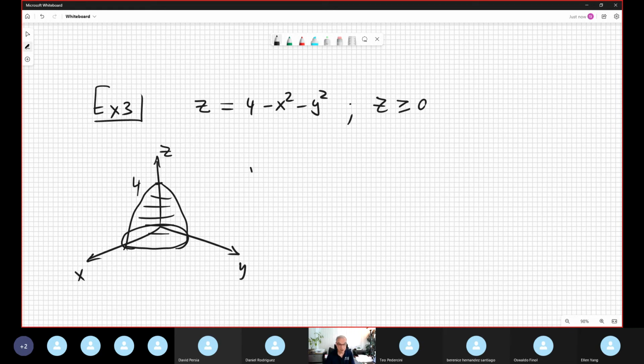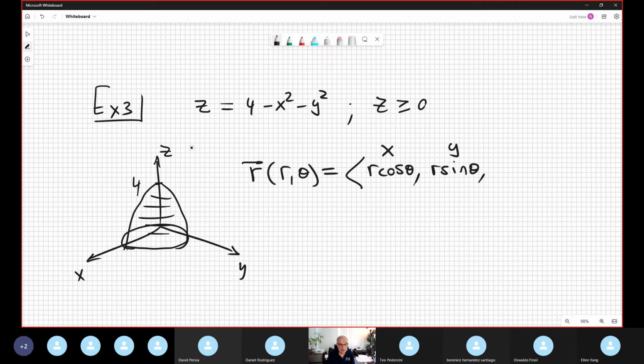Now, what is the parametrization? The parametrization is r(r, theta), or (u, v), either way. And this is r cosine theta, comma, r sine theta. And this is logical, right? This is the expression for x, this is the expression for y.